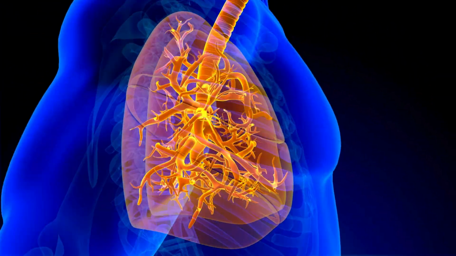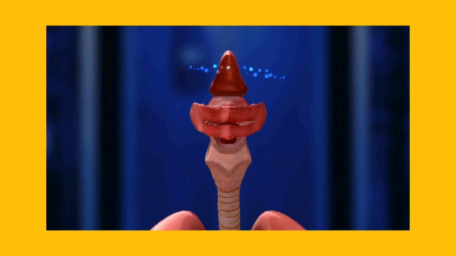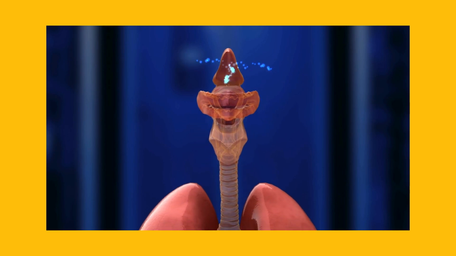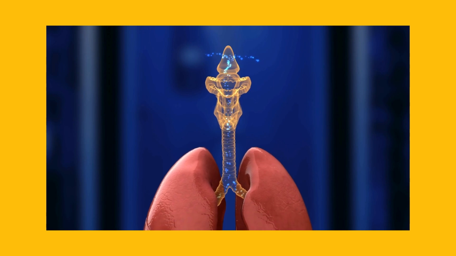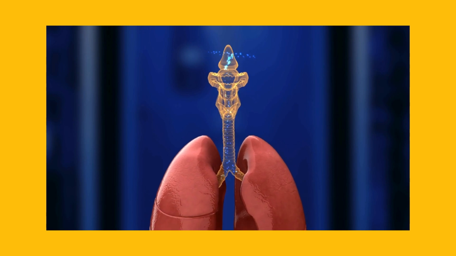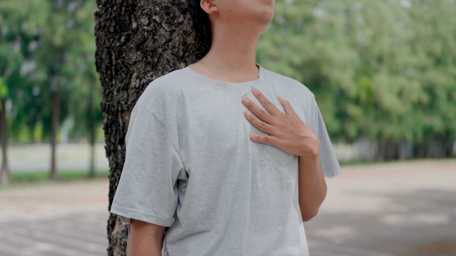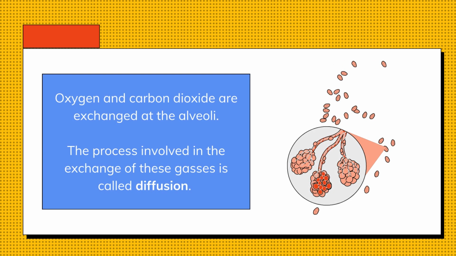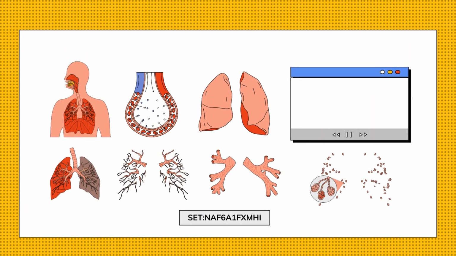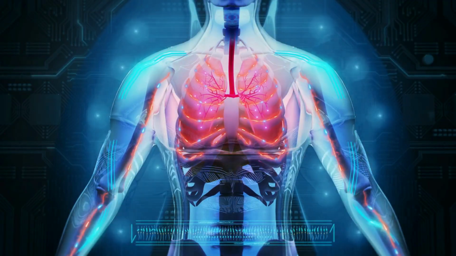And now comes the physiology of the respiratory system, which is the exchange of gases between body cells and the environment. The physiology involves two main processes: breathing, which is the mechanical process of moving air in and out of the lungs, and gas exchange.